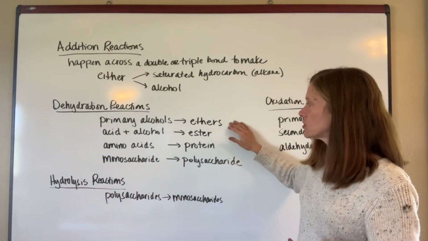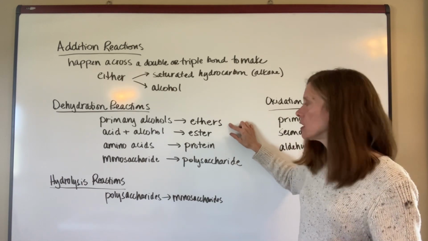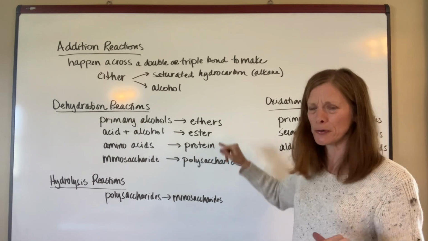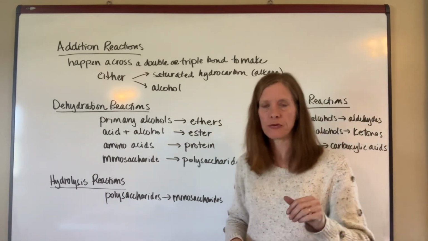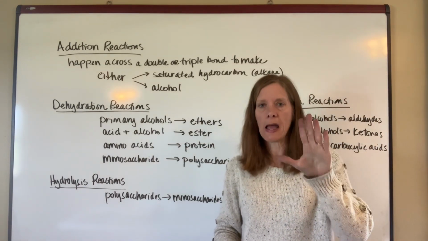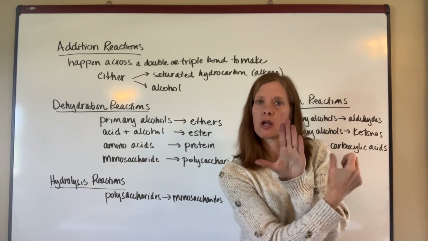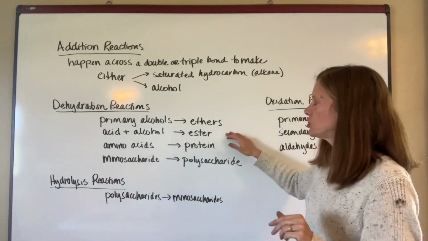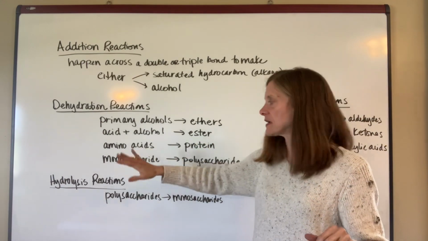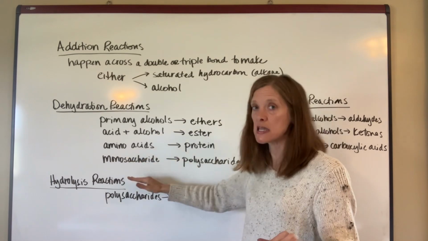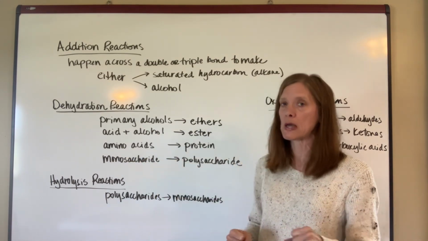Ethers have that oxygen bridge in them, so they are holding together two smaller pieces. An ester, remember we talked about how if you use your hand to make an L, you're linking whatever's over here by your thumb with whatever's over on this side. So you're linking those two things, linking the amino acids, linking the monosaccharides together. Dehydration reactions link things together by pulling out the water.